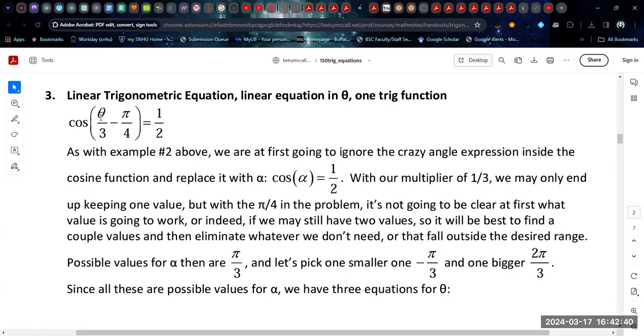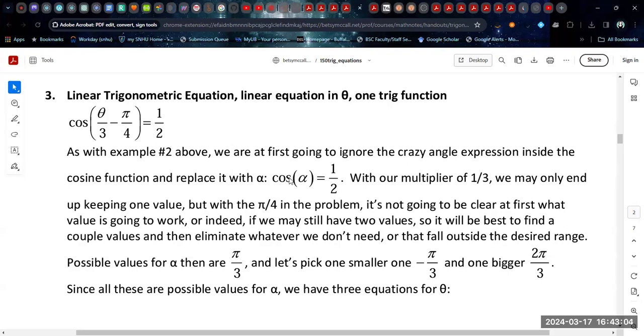Now, when I end up dividing theta by a number like this, I actually get fewer solutions rather than more. So I may end up with 1 solution, I may end up with no solutions, but I still should start out with at least enough solutions to get me into that 0 to 2 pi range, and then I can go from there.